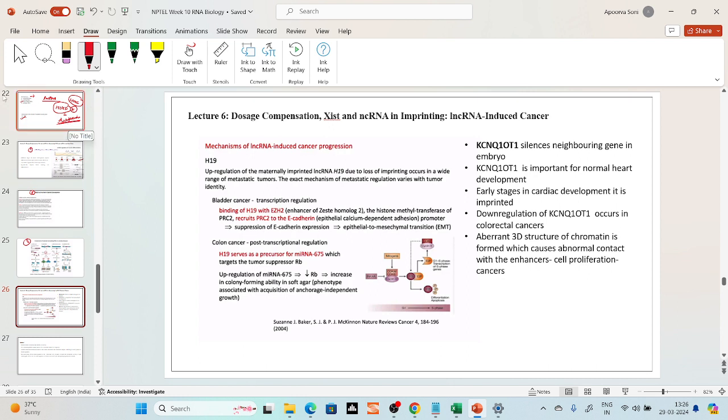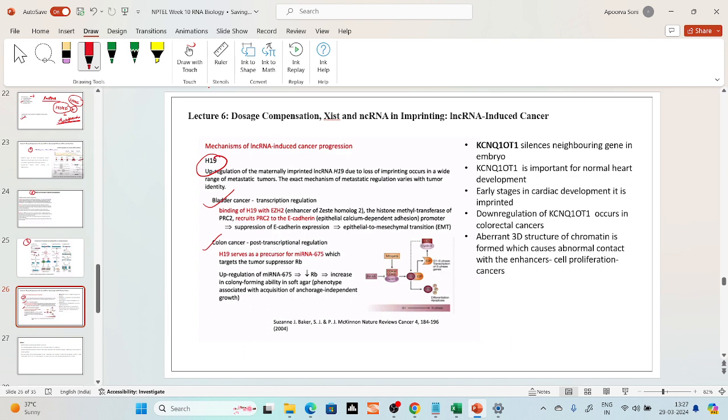You just need to know that these long non-coding RNAs regulate cancer progression in bladder cancer and colon cancer. The example is H19, and you can remember the points that are bold. Going in depth and learning the mechanisms, if you have real interest, you can go. Otherwise, you can just have a gist of it.